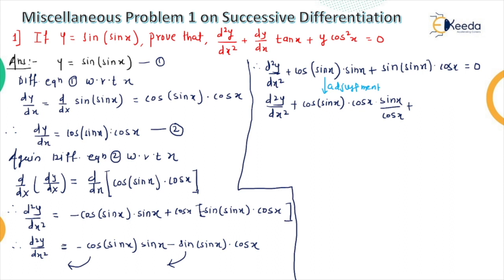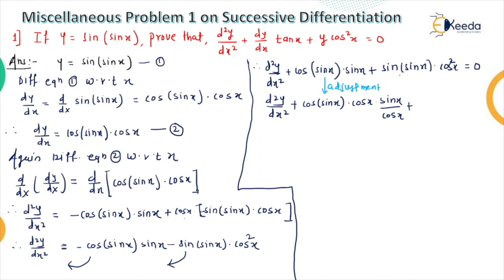Cos into cos gives cos² x, so with d²y by dx² we get cos² x here. Because this cos x into cos x gives cos² x. So cos x into sin x upon cos x, taking the extra cos x in the denominator.